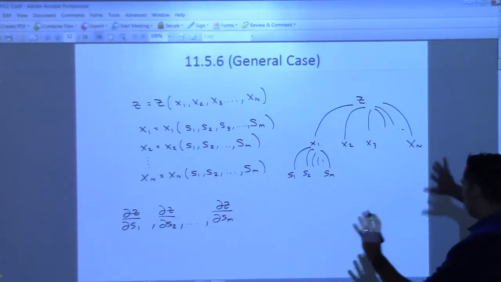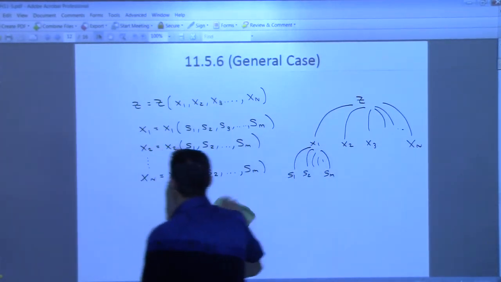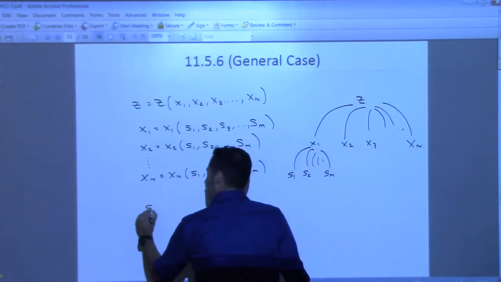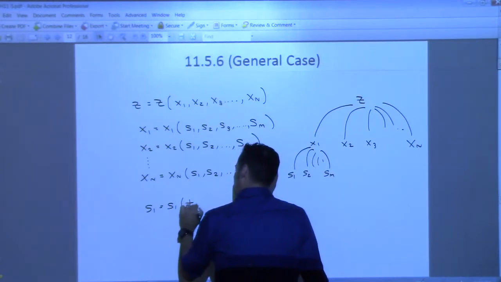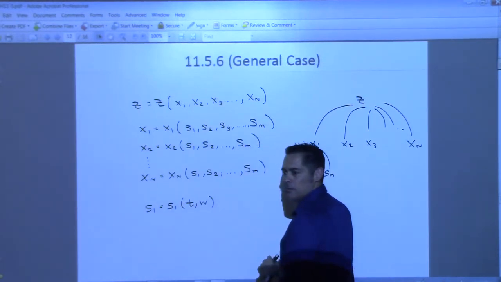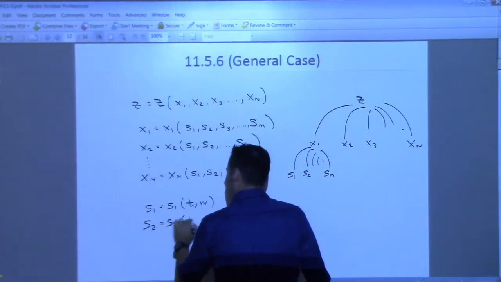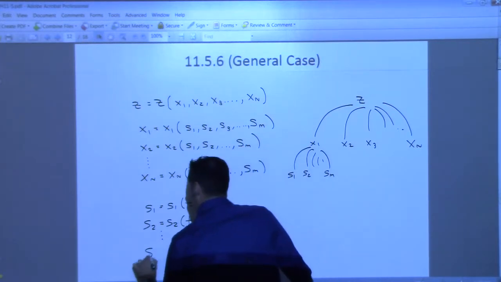Now, what if I added one more little element to this, and I told you right now that s1 was a function of t and w, and s2 was a function of t and w. And I kept doing that for all of them.